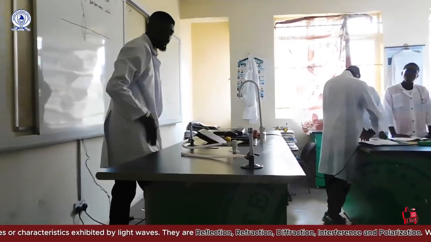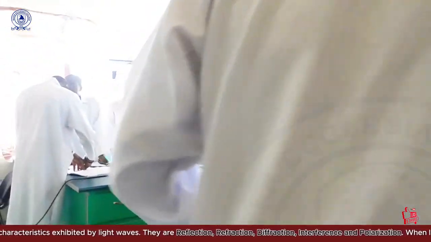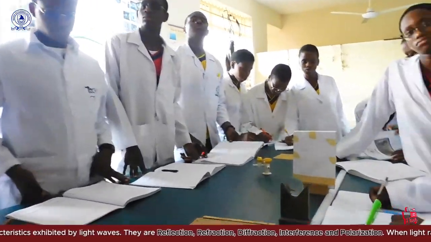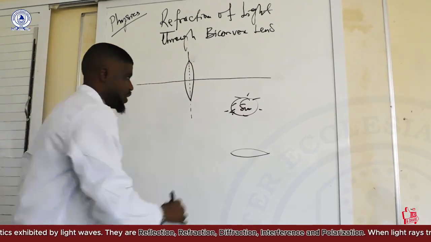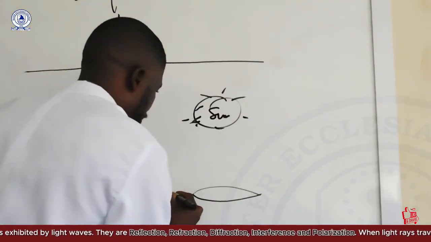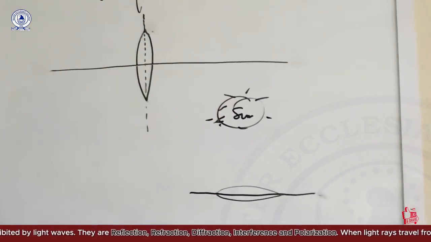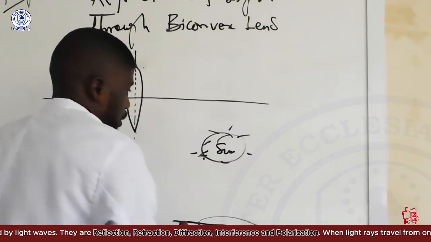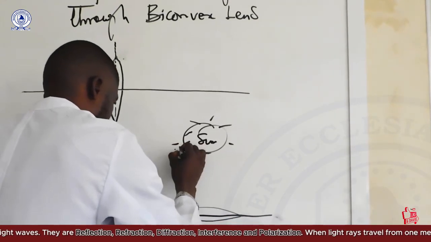Without wasting much time, I will love to do a sketch on the board for us to see what happens with this guy here. So let's suppose that this is radiating its rays, the rays of the sun. This is the principal axis of the lens. And the rays will fall down here.